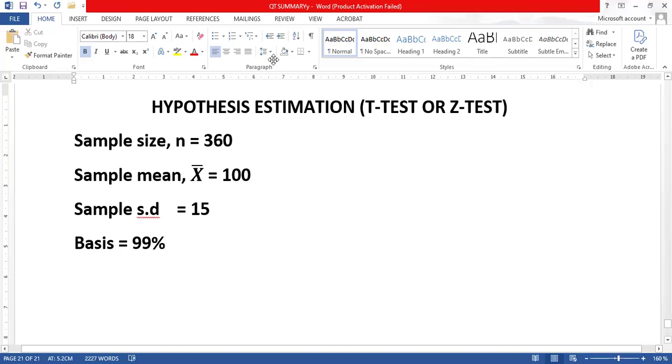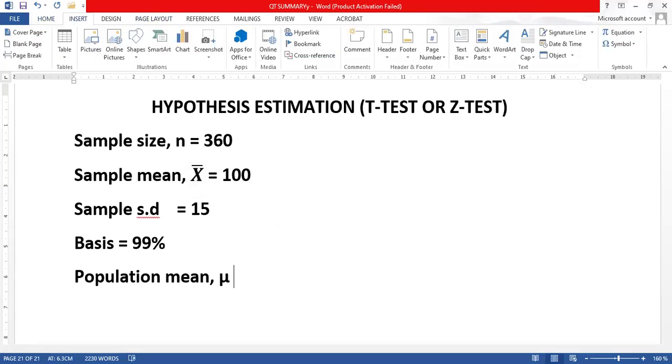Now, when you're estimating the population mean, you want to know where the population mean falls. In which interval do you find the population mean? That is the sign of the population mean.